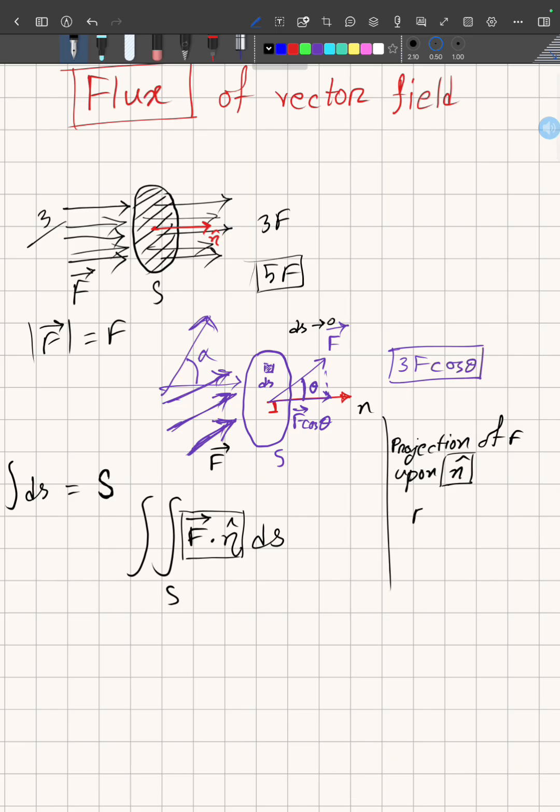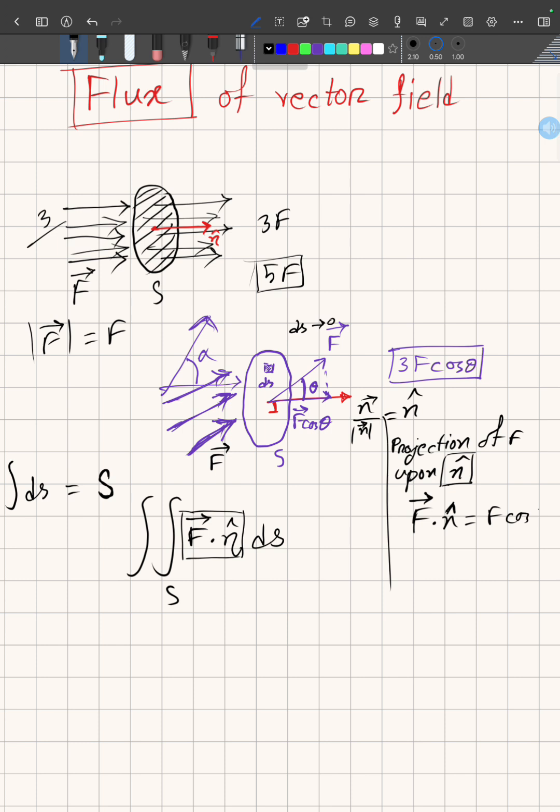Then we cannot just take the projection F dot n. We need to get the unit vector of the direction that we are trying to get the projected portion of the vector field on. So here we obviously have to divide this by its value. Then we will get the unit vector. Now we can multiply this unit vector to get the F cos theta.